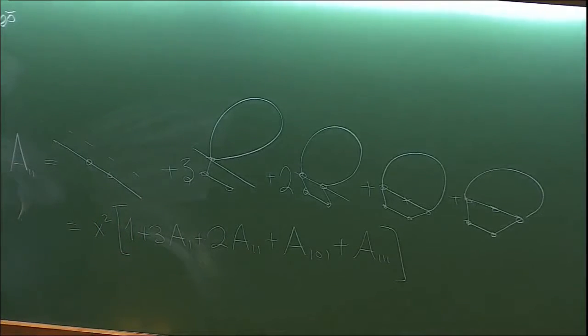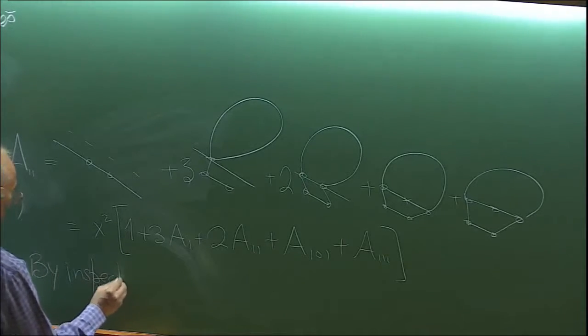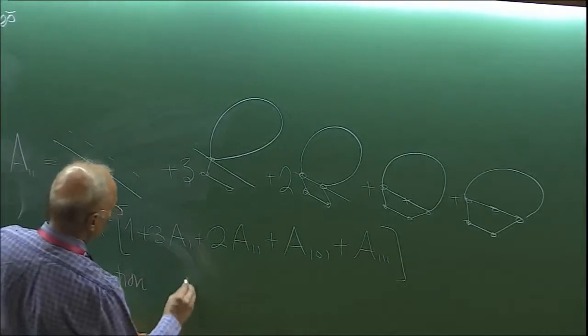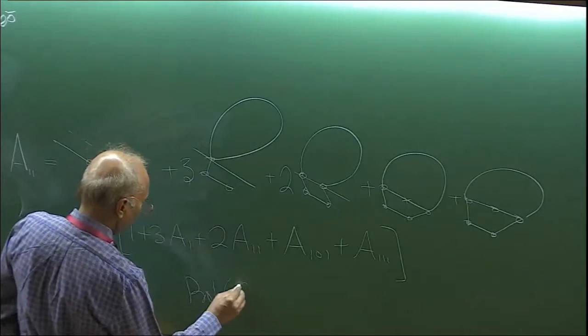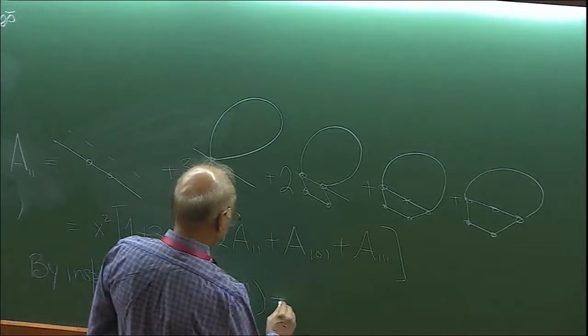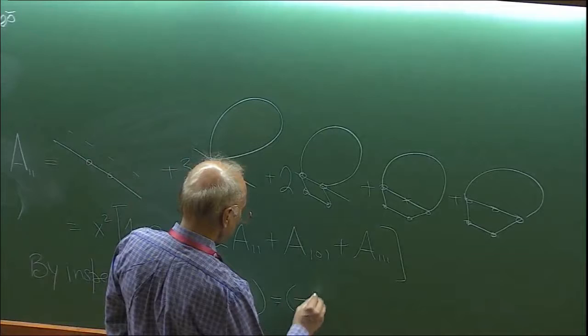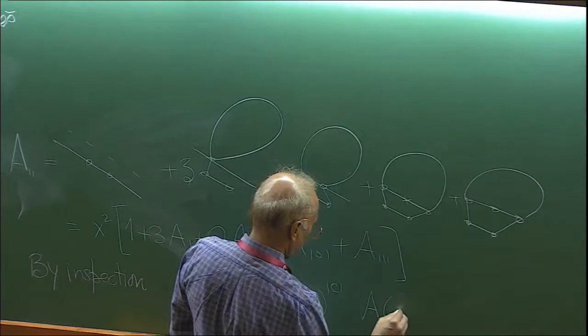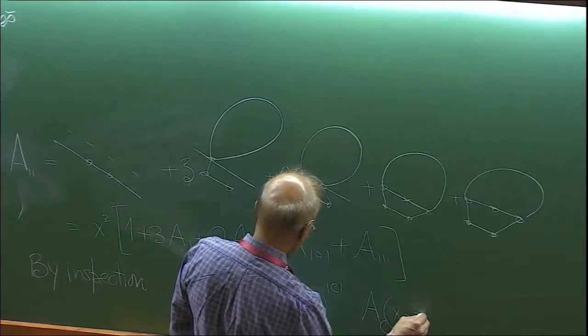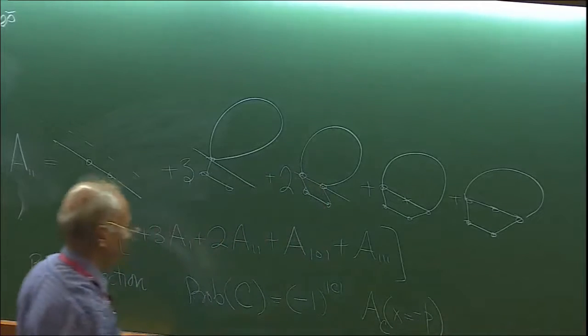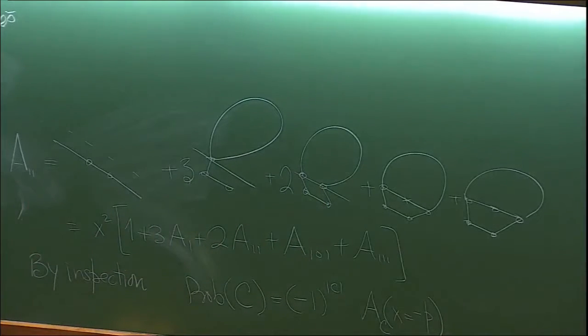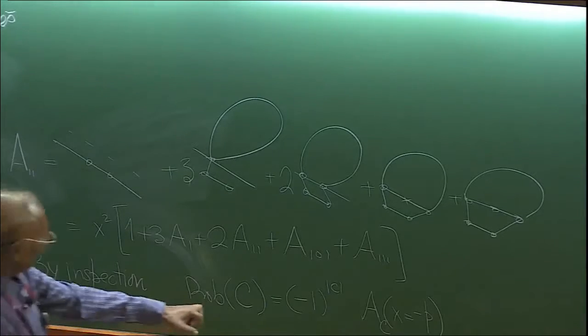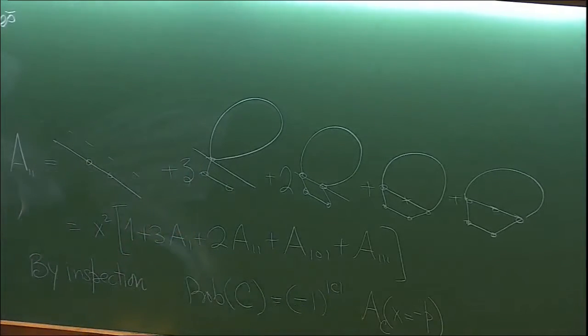So, or let us say by inspection, Prob of C is equal to minus 1 to the power C, A_C of x equal to minus P. You make this equivalence, then these 2 equations, this one and all the subsequent ones, become identical.